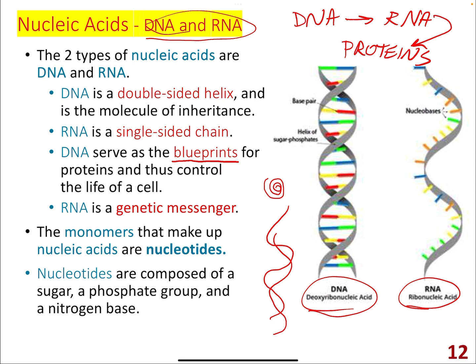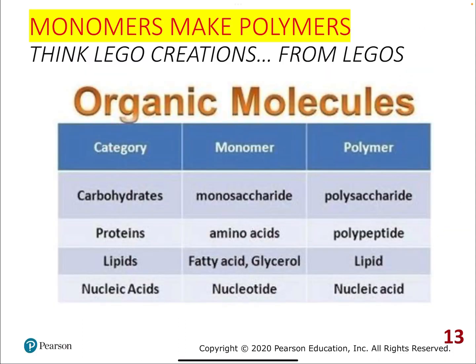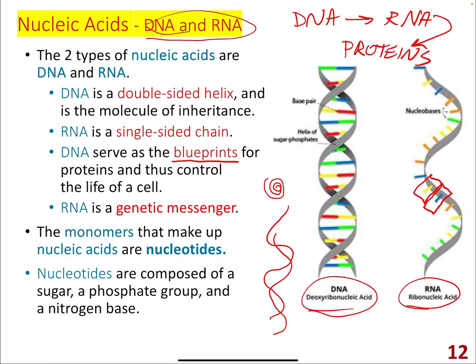The building blocks of DNA are called nucleotides. If you look closely, I'm going to go over here on RNA and box in. That's one nucleotide. That's another nucleotide. So it's coming up on the next slide. I guess we're going to do that detail when we cover it in our second semester.